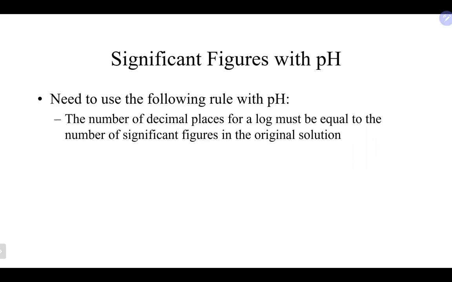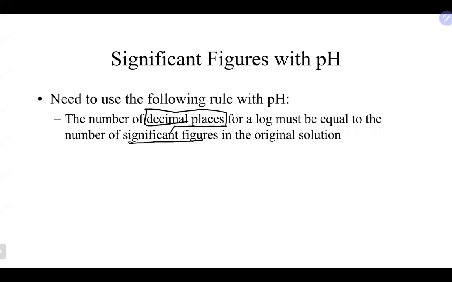But let's talk about significant figures when we do calculate something like pH. The number of decimal places in your pH answer should be the same number of significant figures there are in the concentration. So we're going from sig figs to decimal places.